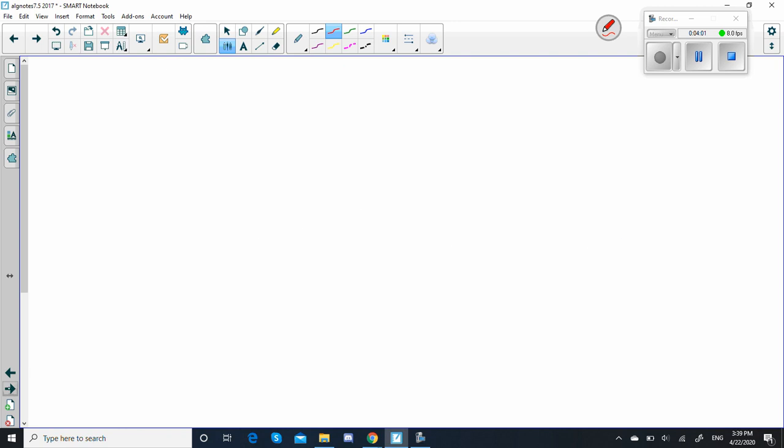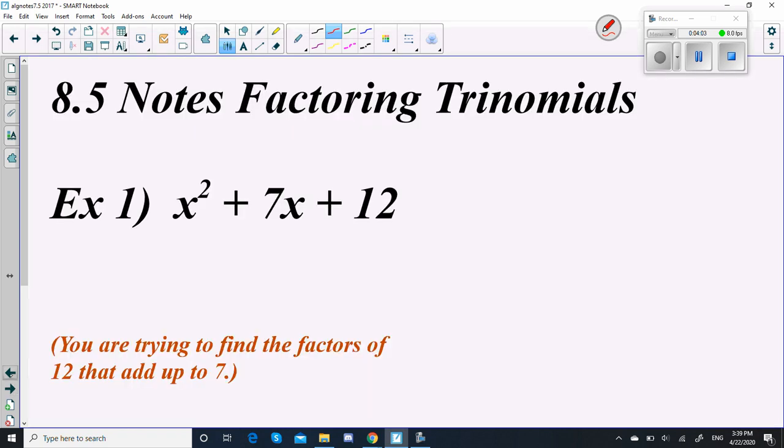Okay, so if we go to example number 1, we're going to do some factoring here of trinomials. Okay, so when we factor this trinomial or this quadratic function, what we're going to look for is factors of C, this back number, so factors of 12 that give me a sum or difference of 7.